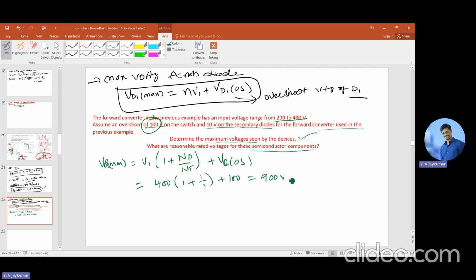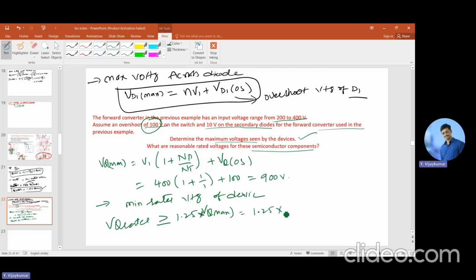Now this 900 volts is VQ max. Next, we have to take the minimum rated voltage of the device. VQ rated, as we just discussed, is greater than or equal to 1.25 times VQ max. 80% of the rated value means 1 by 80%, which is 1.25 times. 1.25 times VQ max of 900 would be 1125 volts.